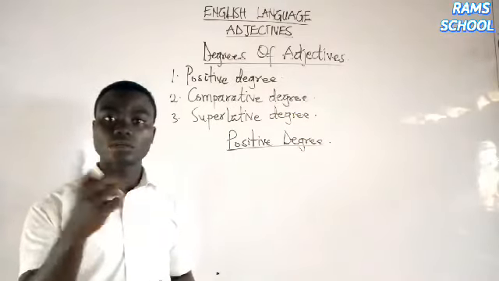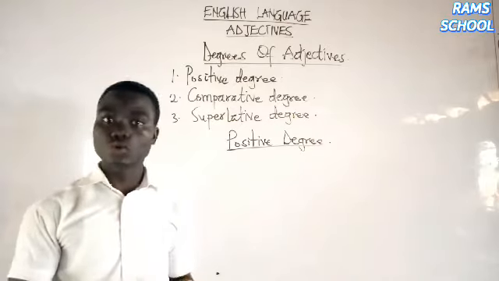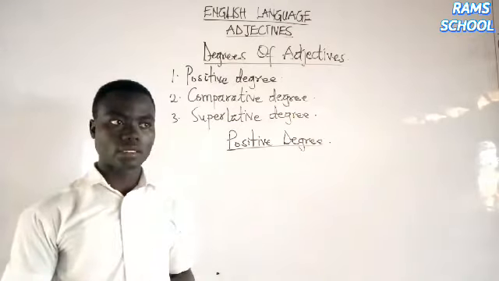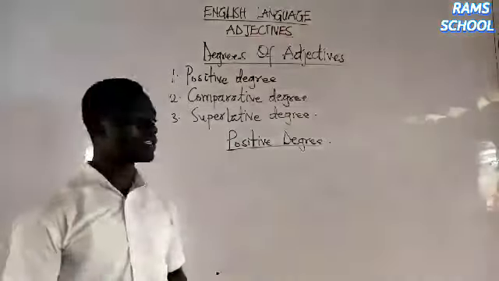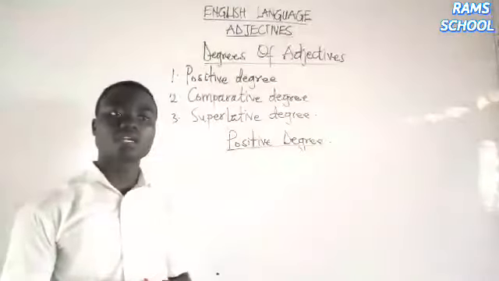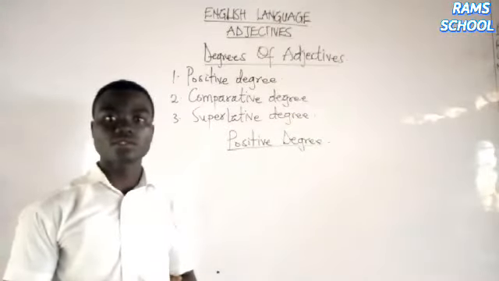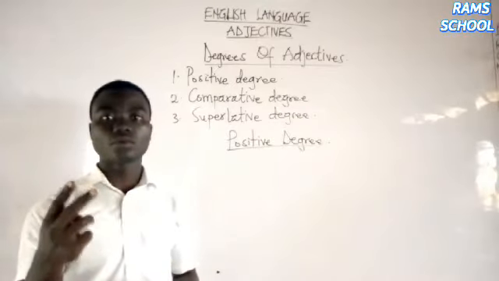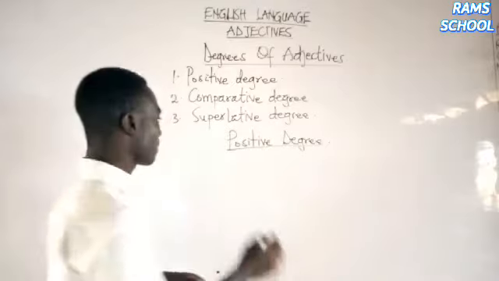It talks about only one thing, not 2 or more, only 1. So we define the positive degree of adjective as an adjective that is used to describe an item, a group, or a person.